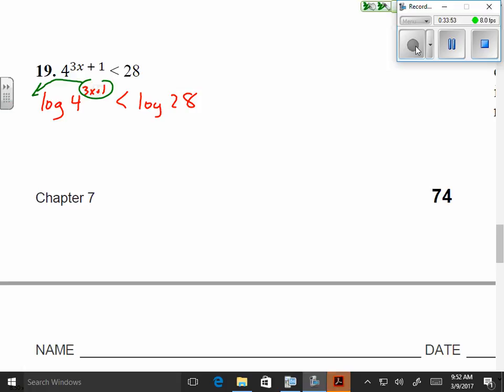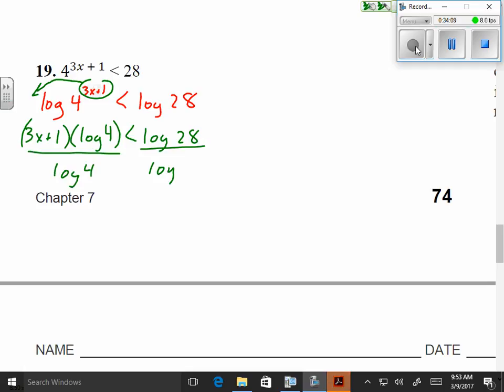So we get 3x plus 1 times log of 4, which is less than log of 28. Divide both sides by log of 4. Is 3x plus 1 less than log of 28 over log of 4.